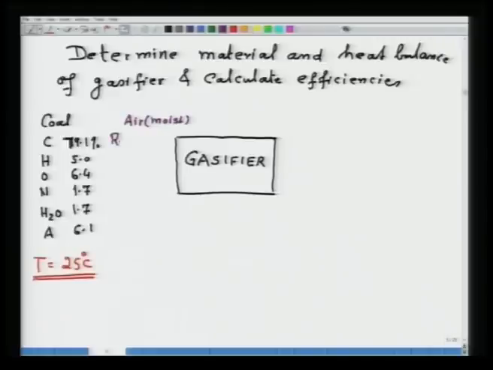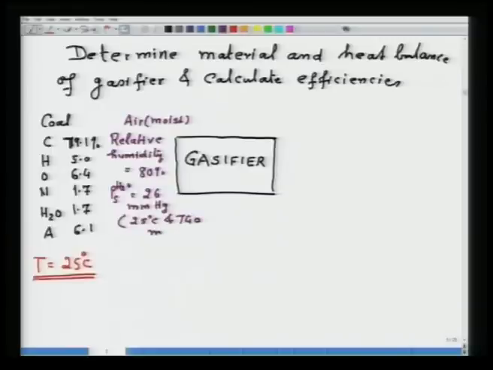It has relative humidity equal to 80%, and the vapor pressure at saturation is given, equal to 26 millimeter mercury at 25 degrees Celsius and 740 millimeter pressure. That means the pressure around the gasifier is not 760, but it is 740 millimeter.